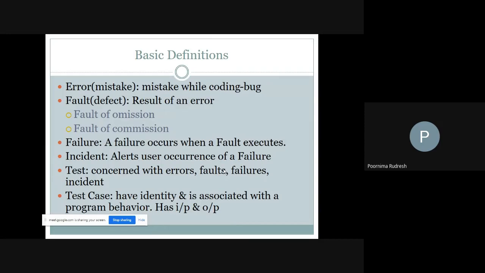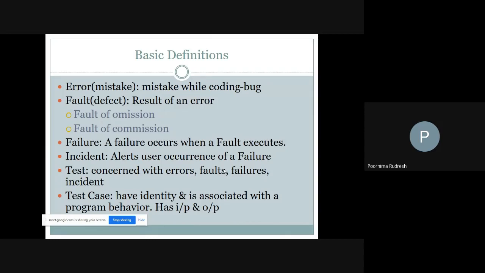I'll take the same example, including the header files. There you have to include stdio.h. While typing, if you make an error, and instead of stdio.h you include it as std.h, what happens?